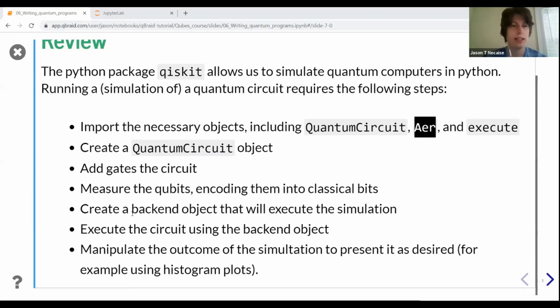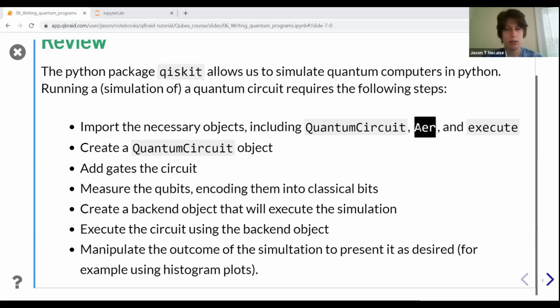You can think about this as being equivalent to the executor, right? In this case, it's going to be a simulator, which is technically from the Aer subpackage of Qiskit. In the example code, this is what is going to actually execute it. You don't have to worry about the details too much. But a backend could be a physical quantum device hosted in a lab somewhere, and it would work very similarly.